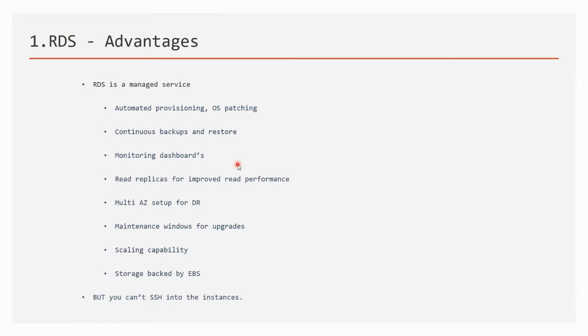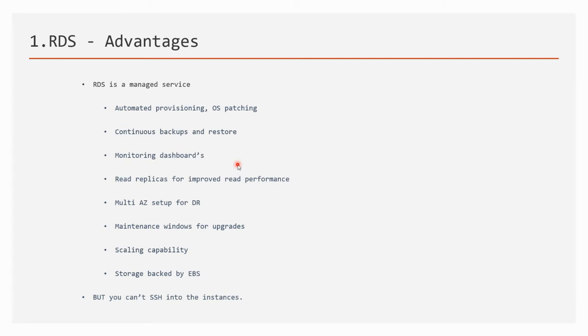Because it is a managed service, a lot of things that system administrators used to do before are automated there. That means automated provisioning. We can provision new instances, just give the corresponding configuration in Amazon, and it will do the provisioning for us.